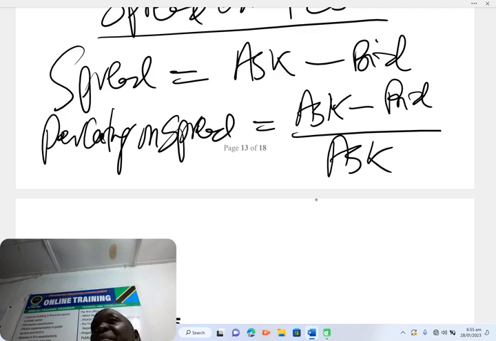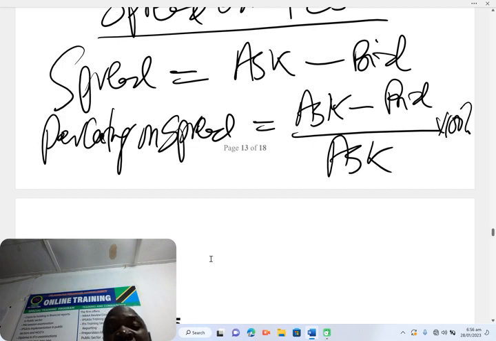The margin itself. Percentage on spread is ask minus bid over ask, times what? He is talking the margin, the profit margin on trading on Tanzanian shillings. That is the percentage on spread.